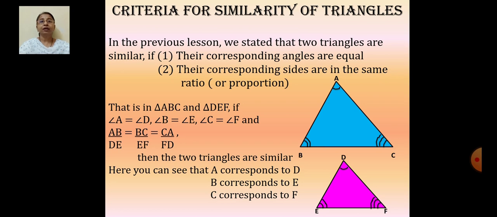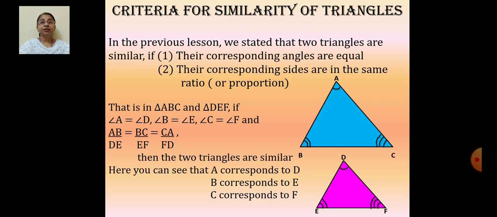So here in the adjacent figure, two triangles are given, triangle ABC and triangle DEF, and identical markings are made there. So from that we can say angle A equals angle D, angle B equals angle E, and angle C equals angle F, and AB upon DE is equal to BC upon EF is equal to CA upon FD.